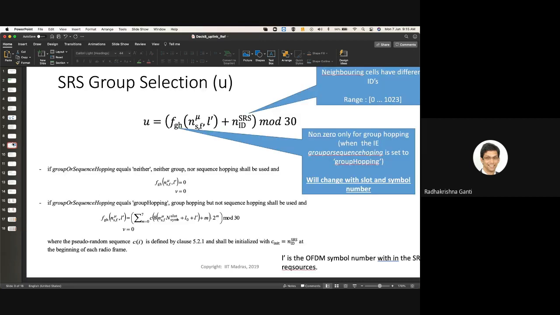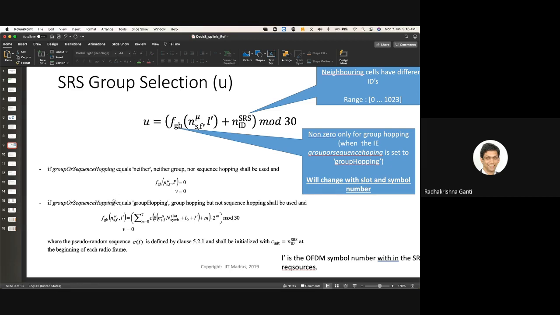Again, the main reason is to mix out the interference across different cells and across different symbols and slots. The hope is that if you go on changing this, even if there is interference in one symbol or one slot, you might be able to decode.